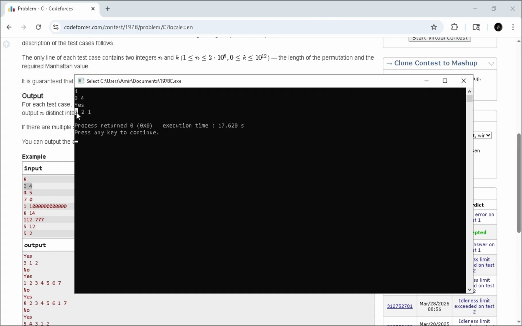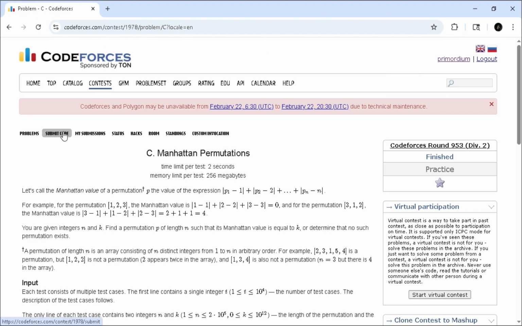So we have 3 minus 1, which is 2, plus 2 minus 2, which is 0, and the absolute value of 1 minus 3, which is 2. So we have 2 plus 0 plus 2, which should be 4. Everything is good. Let's see our code.